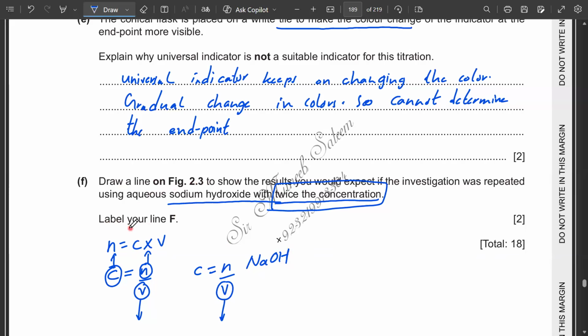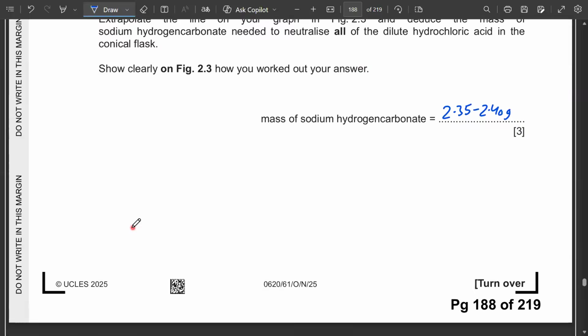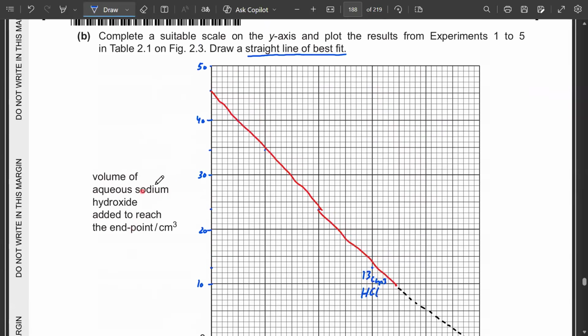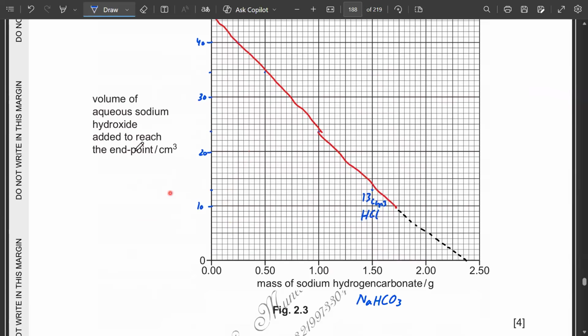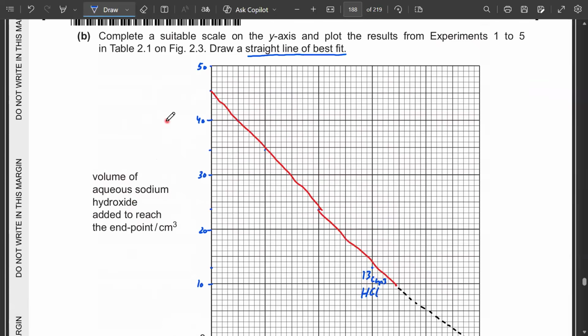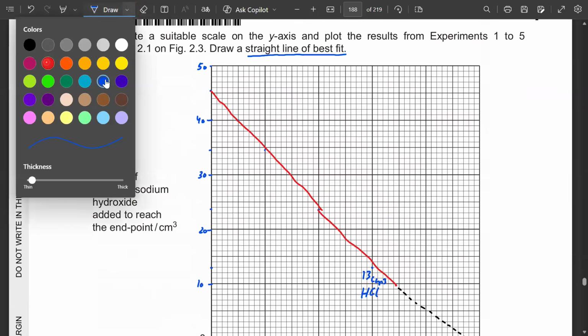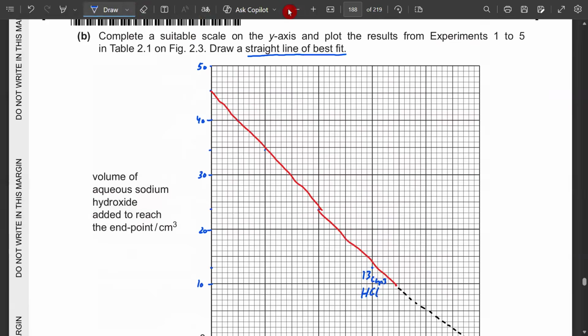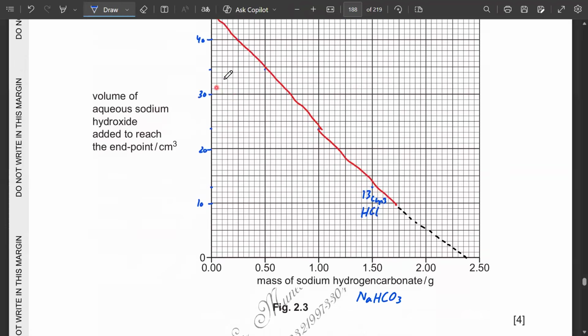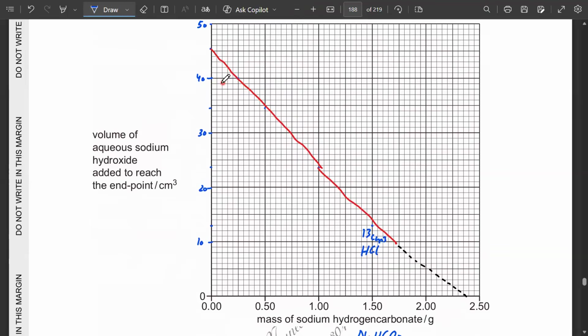We have to show the line to show the effect of the decreased volume. On the y-axis in figure 2.3, we have the volume of the sodium hydroxide. So if we have decreased the volume, it means that the new line shown over here will be below the already plotted line.